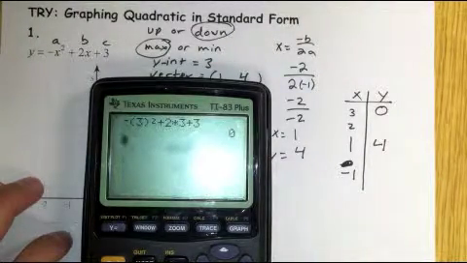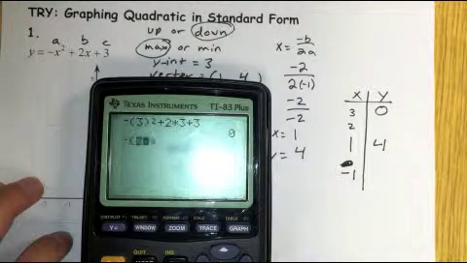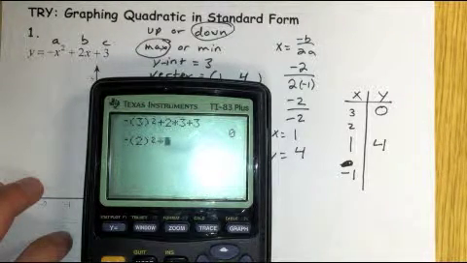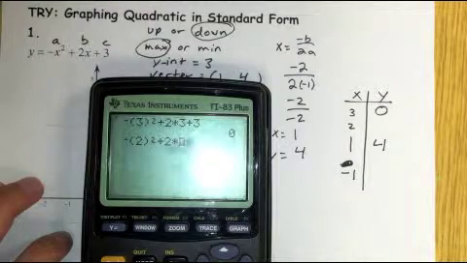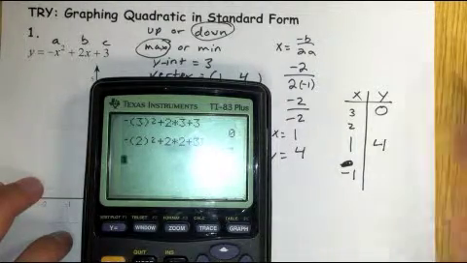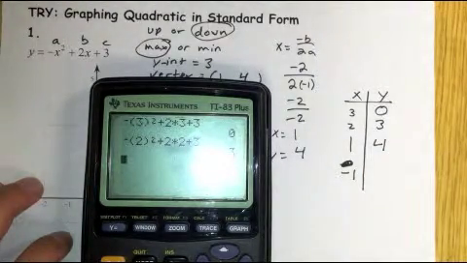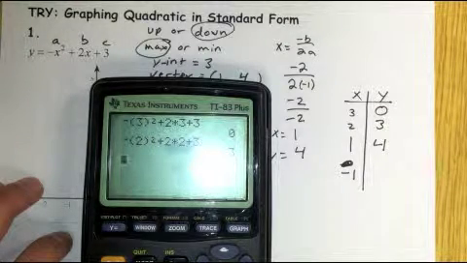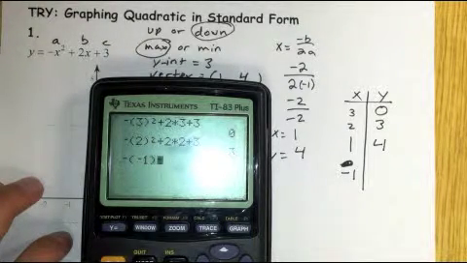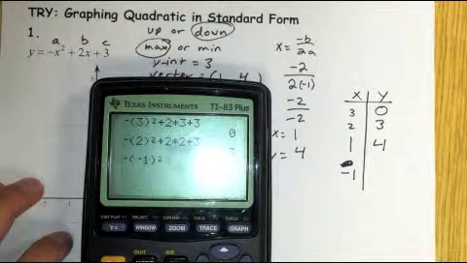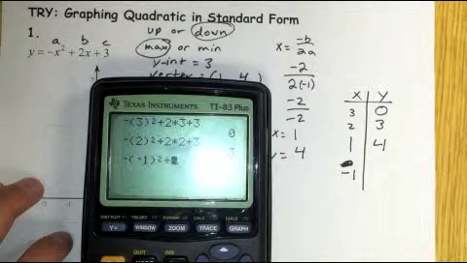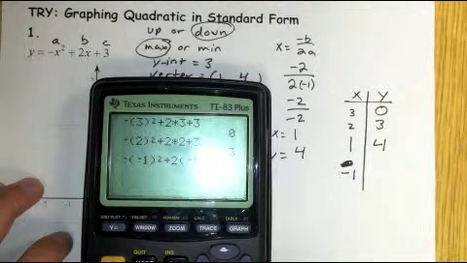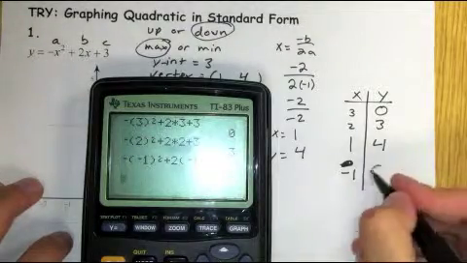Okay, plug in 2. Got 3. And then last but not least, let's go ahead and do negative 1. Remember to put negatives in parentheses, guys. Common mistakes happen when you guys do not put it in parentheses. Okay, and I got 0 again.